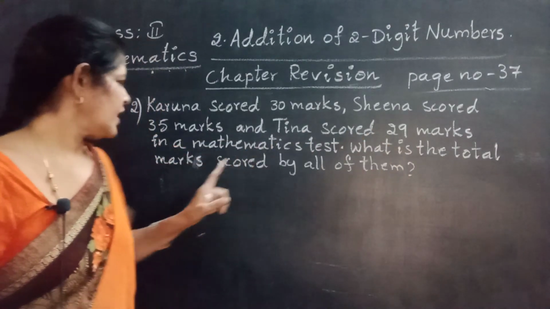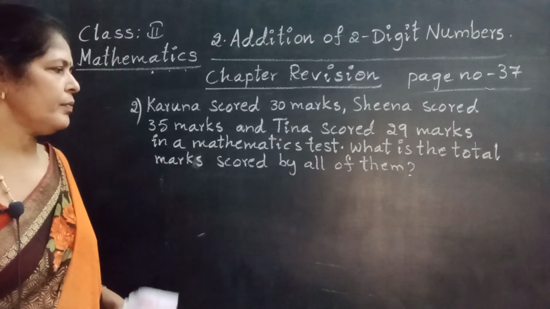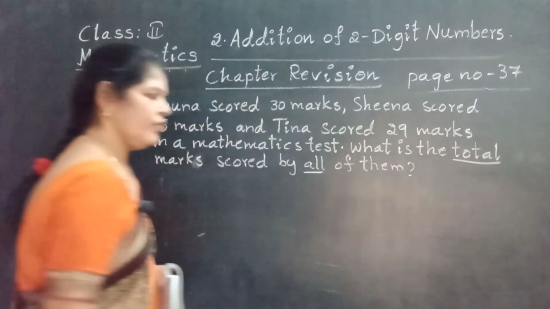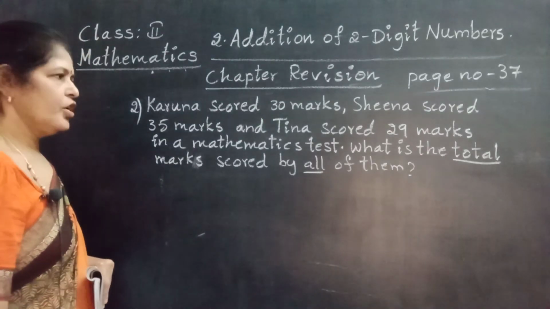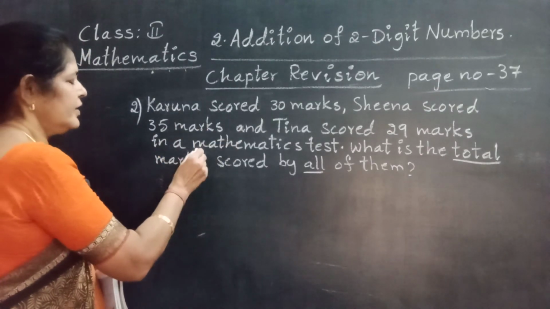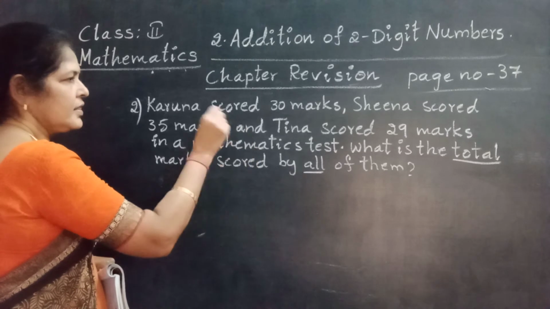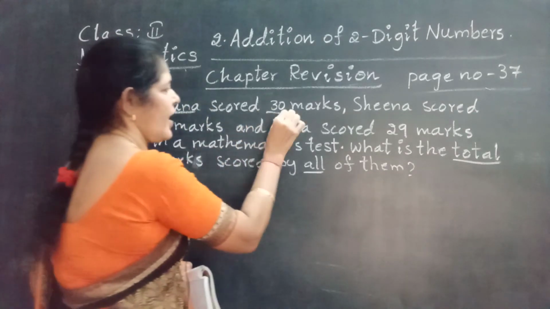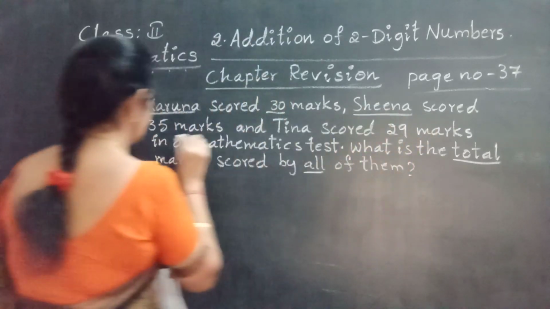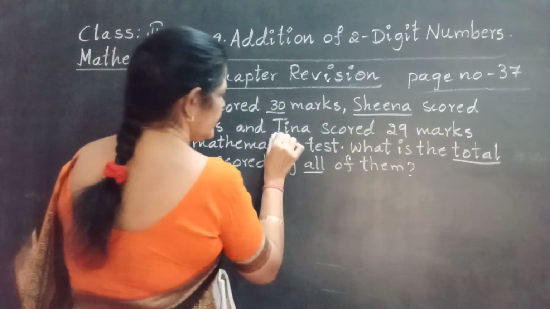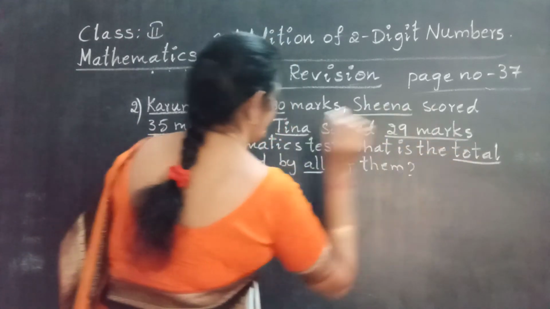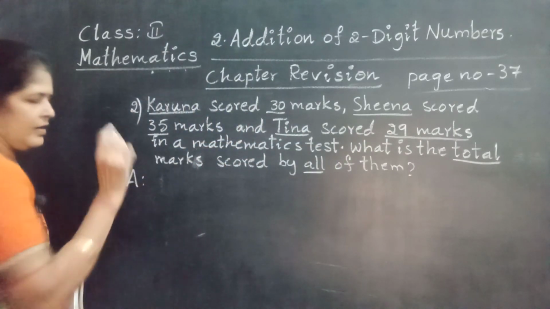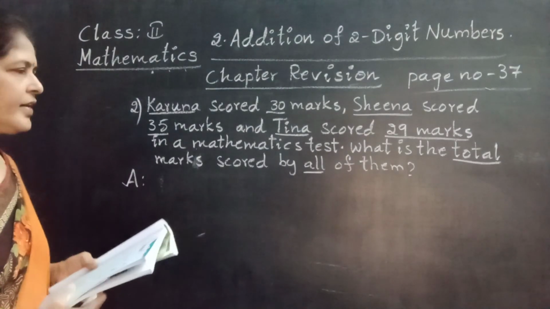What is the total marks scored by all? All and total are addition words. Here in the mathematics test, the three children participated. Karuna 30 marks, Sheena 35 marks, Tina 29 marks. Here we find the total. Leave a line and write the answer.